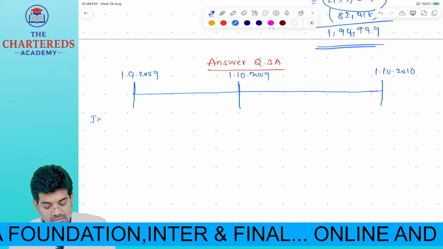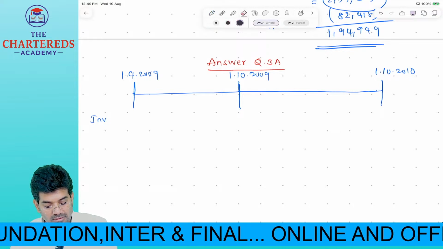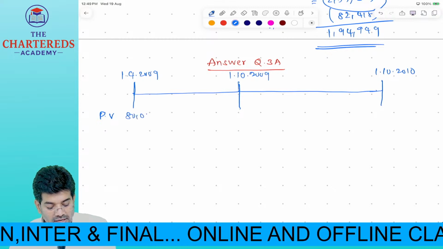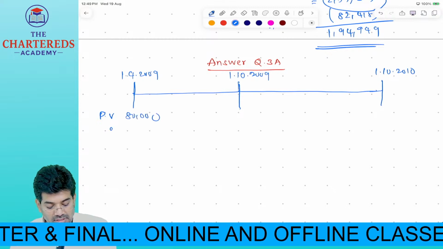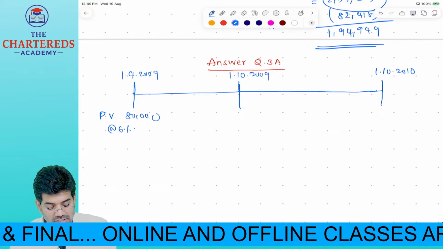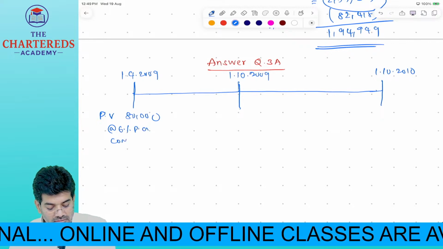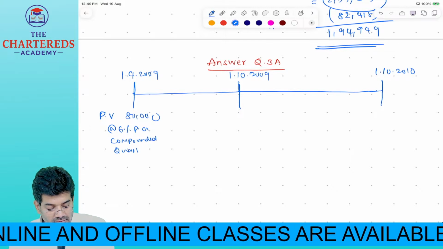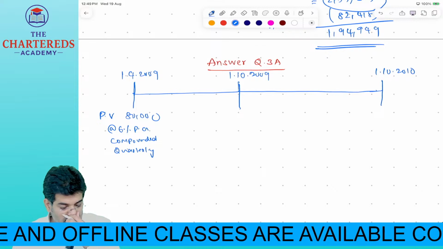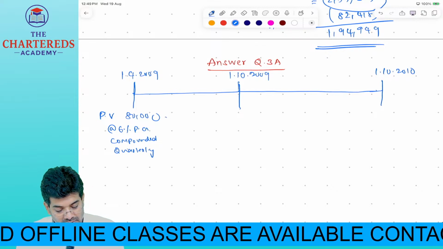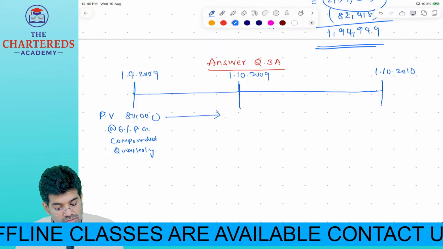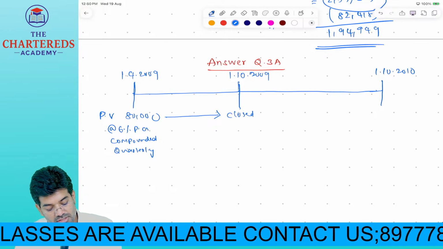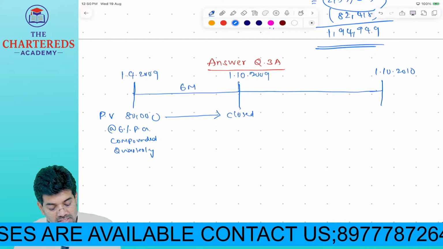Here the investment amount, the present value: 80,000 rupees he invested at 6% per annum compounded quarterly. The account is closed, so 6 months is the investment period.